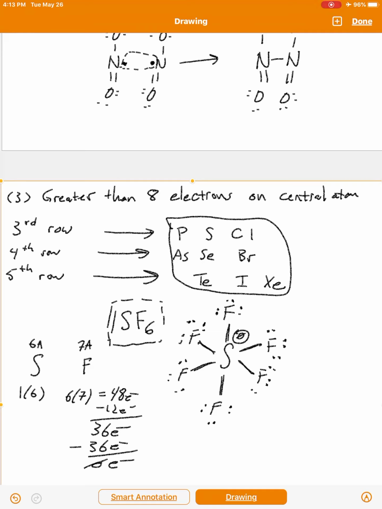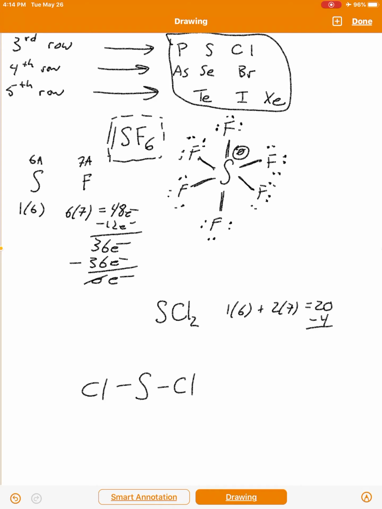For example, if we have this molecule here, sulfur dichloride, this one is not an expanded octet because there's only 2 surrounding atoms. And so what happens is if you do your electron bookkeeping, sulfur has 6, chlorine has 7, that's 20, we've already used 4.